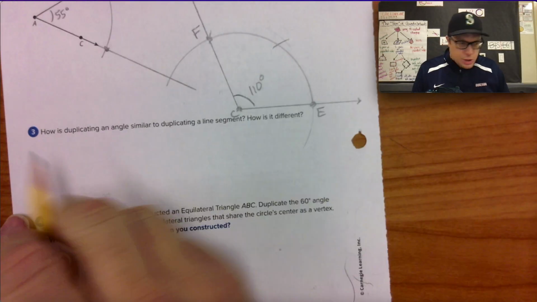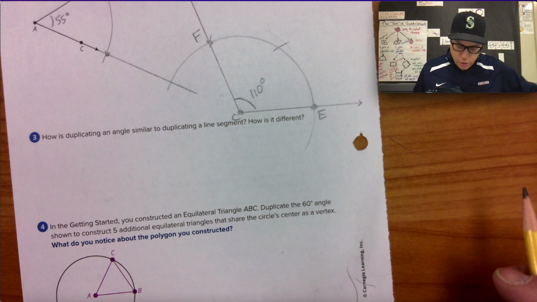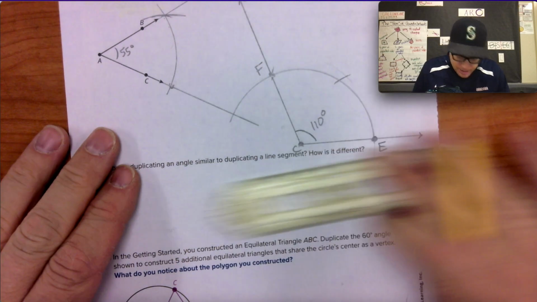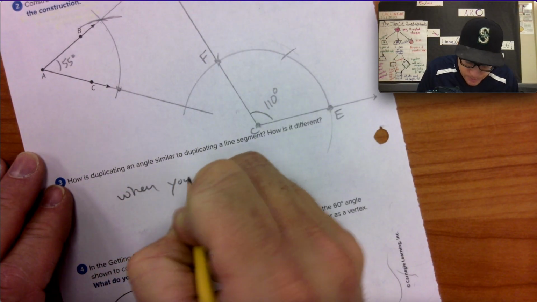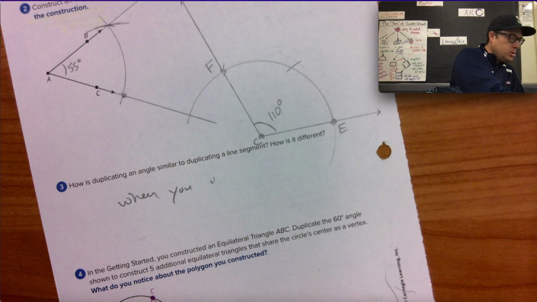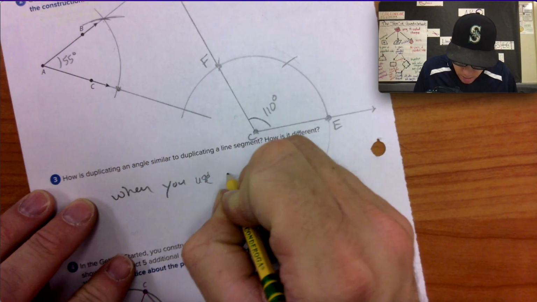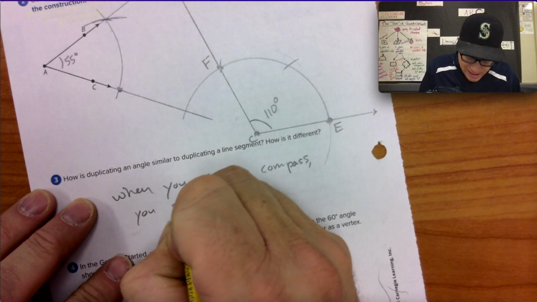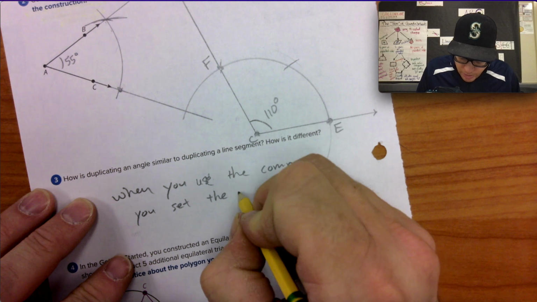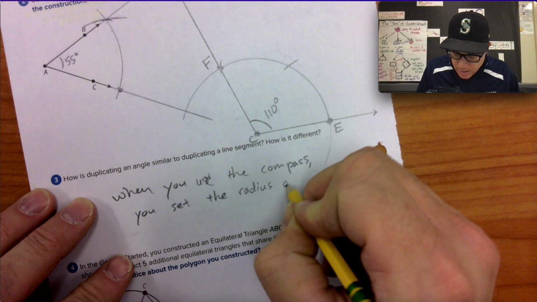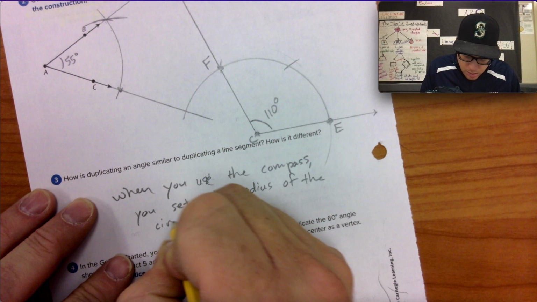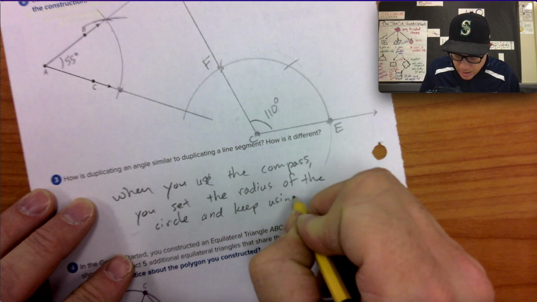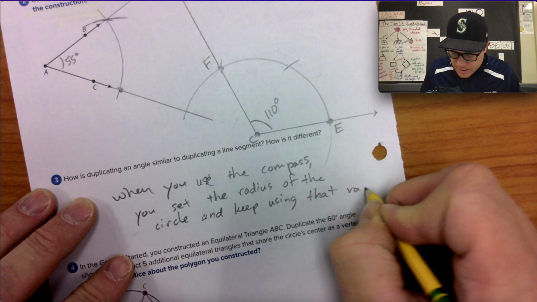All right. How is duplicating an angle similar to duplicating a line segment? I mean, I've kind of hinted at it. When you use the compass, you set the radius of the circle and keep using that radius.